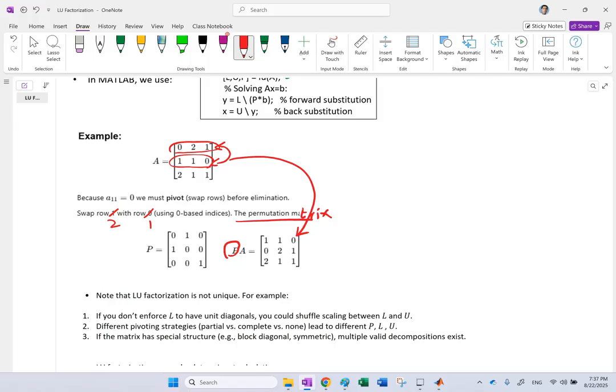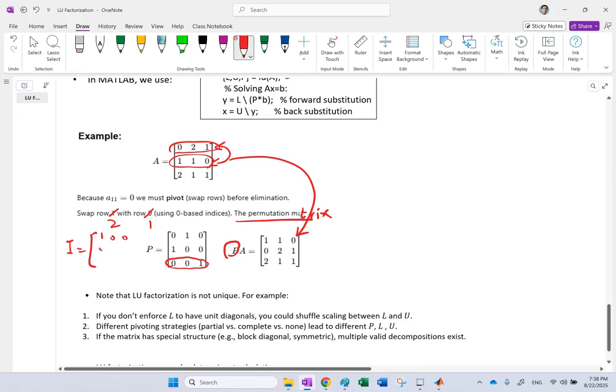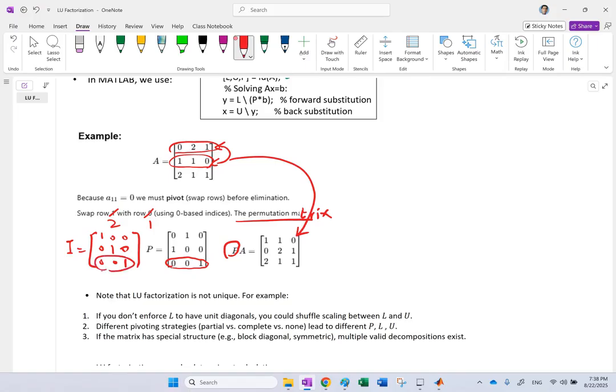If you look, the last row is just like an identity matrix, but the first row and second row, instead of the 1 sitting here, 1 sitting here, and 0 and 0, you see the 1 and 0 in the first and the second row are swapped compared to an identity matrix. Because you know, if you multiply any matrix by an identity, nothing is going to happen. So in this case, the last row is the same. But if you look at the first and second row, you see that the zeros and the ones are swapped.